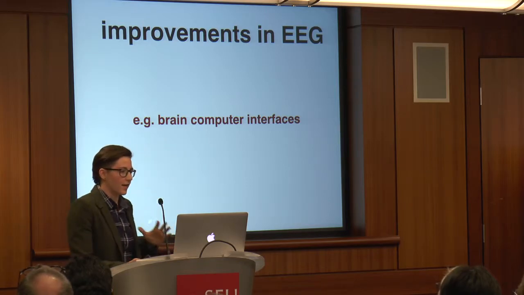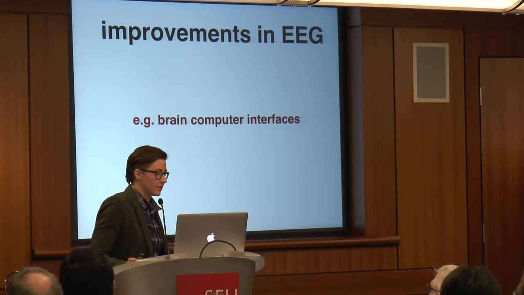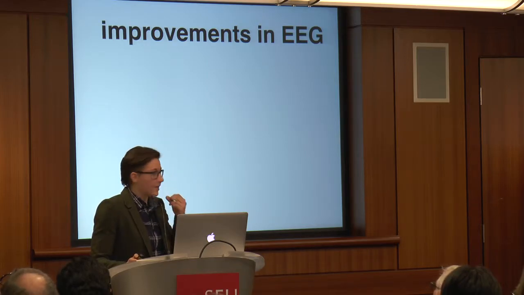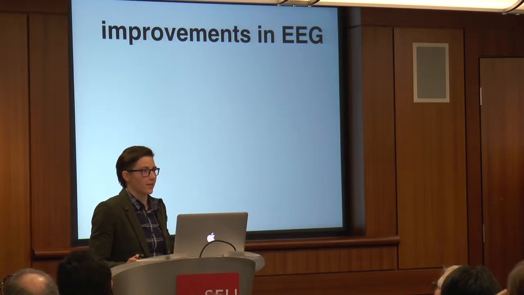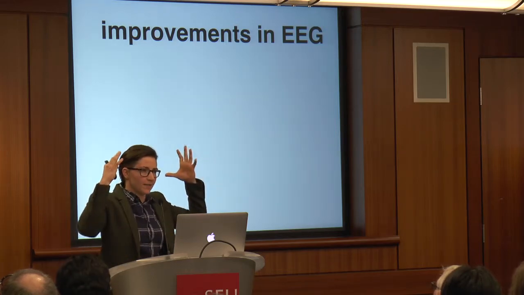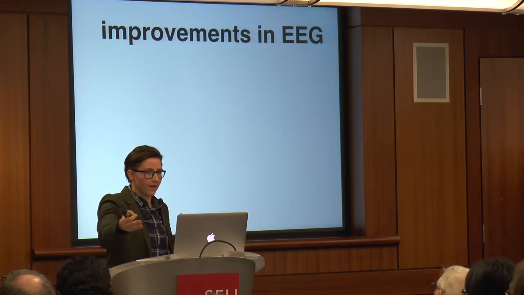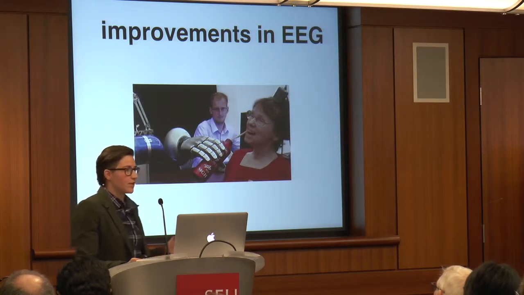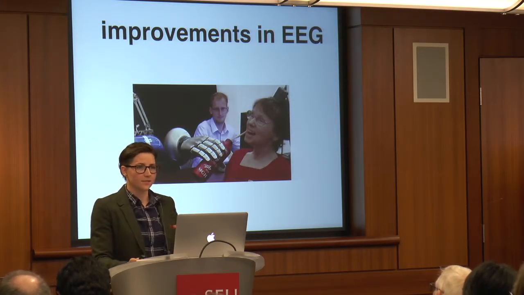To give you some examples of what we've been able to do with EEG recently, there are brain-computer interfaces, where people can take what's happening in the brain and interact with the environment outside. For example, this woman is using her thoughts to direct this robot arm to drink out of this straw.